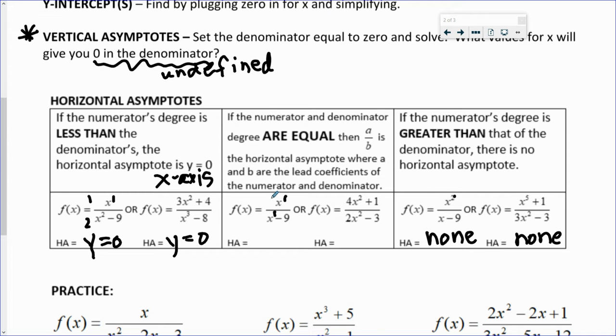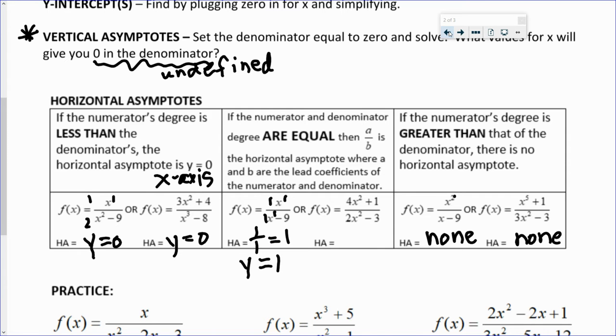Well, if we look at the coefficient, they're just x terms, right? So their coefficient is a 1. We take those two values and we divide them. 1 divided by 1 equals 1.